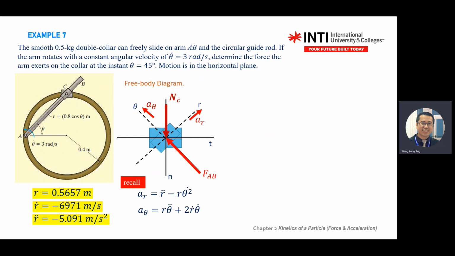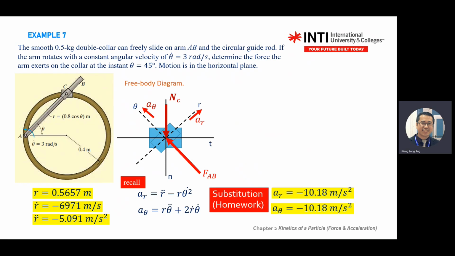This equation should automatically come into your brain when the question gives you theta dot. It gives you hints that you need to use this. Okay, substitution, you get the answer.